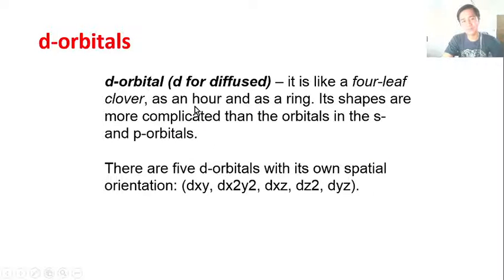The d orbital now is for diffuse. And what's the shape of the orbital? It's like a four-leaf clover, or a ring. There are actually 5 spatial orientations, which are dxy, dx squared minus y squared, dxz, dz squared, and dyz.